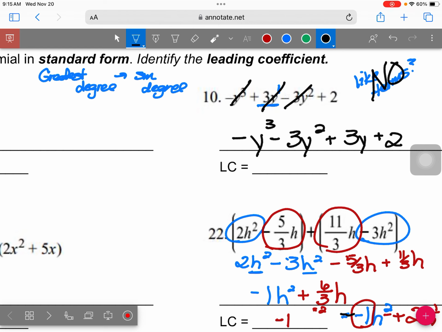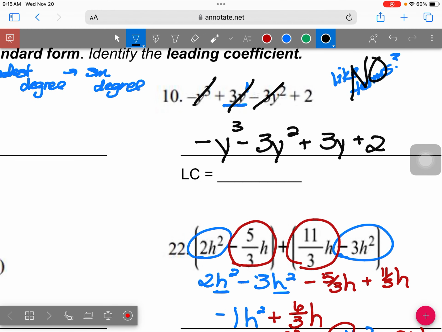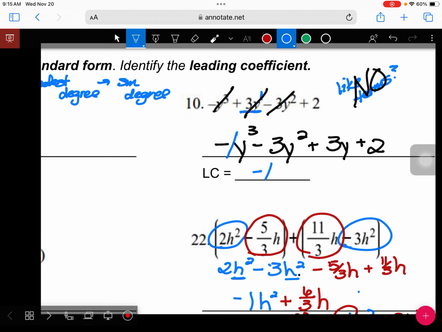Only variables have degrees, right? I'm not talking about exponents because we could still put a 1 in it, but a degree is slightly different than an exponent. Okay? So what is my leading coefficient for number 10? Negative 1. Yeah. There's nothing there, but it would be a negative 1. There's a negative sign, but no number, so it's negative 1.